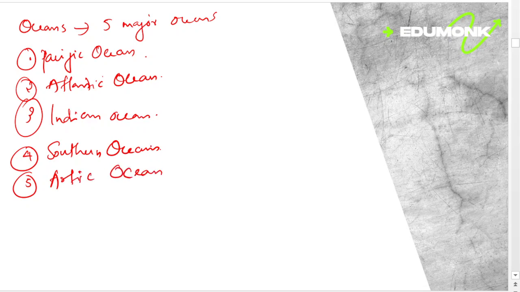Then Pacific Ocean. This Pacific Ocean is almost circular in shape, and it borders Asia, Australia, and North and South America.